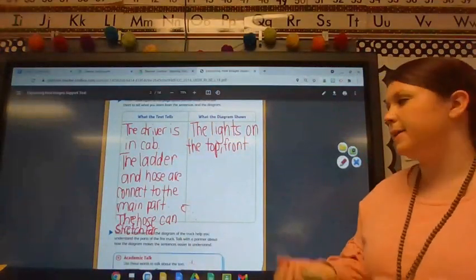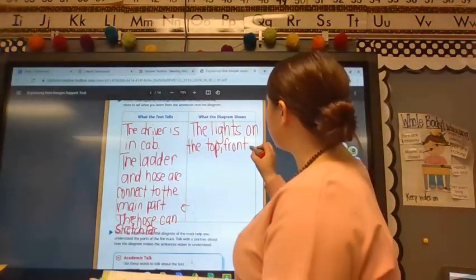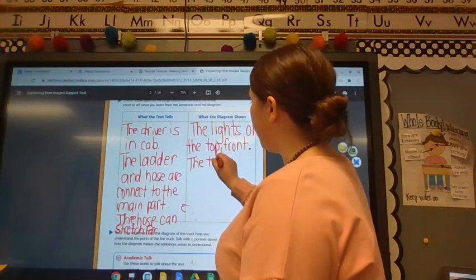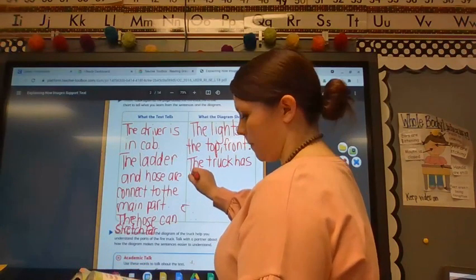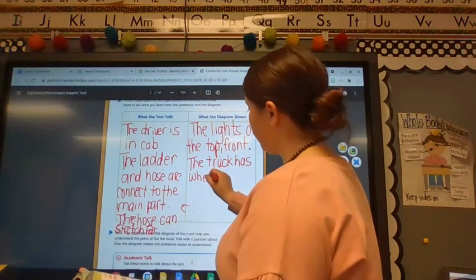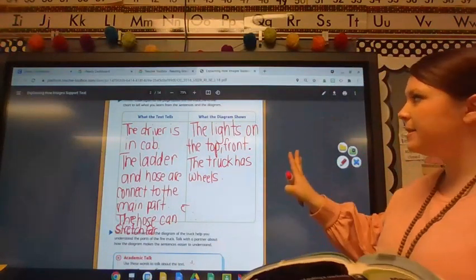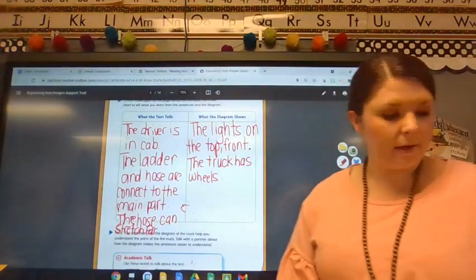What else does our diagram tell us? It told us about the wheels, right? The truck has wheels. Okay? What else did the diagram tell us that we didn't learn from the text?